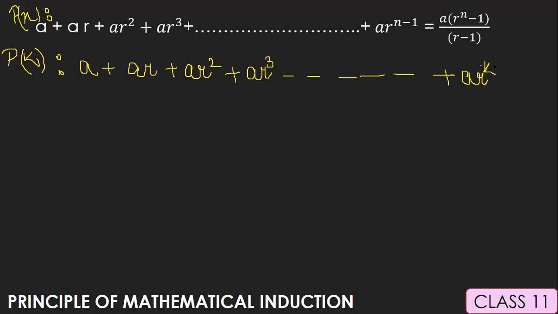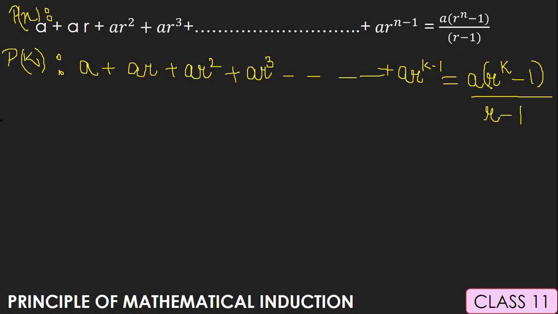You need to place k instead of n, right? So that is equal to A (R raised to power k minus 1) divided by R minus 1.